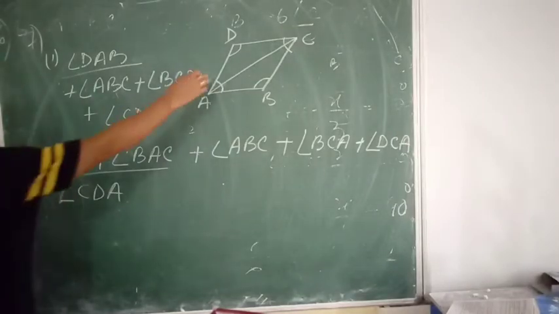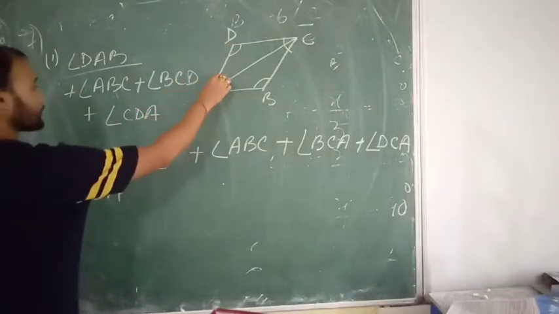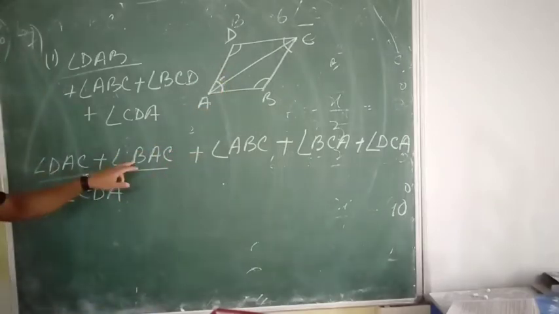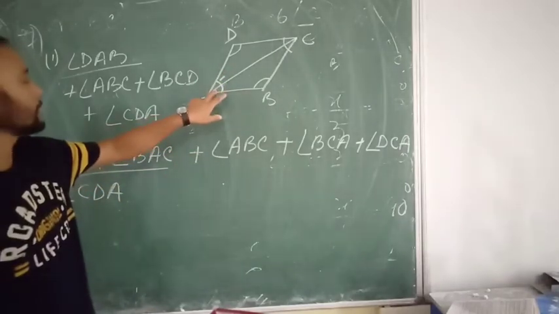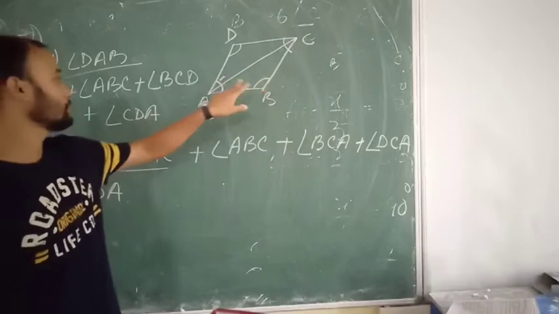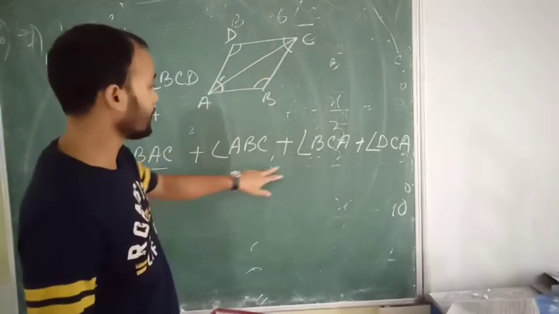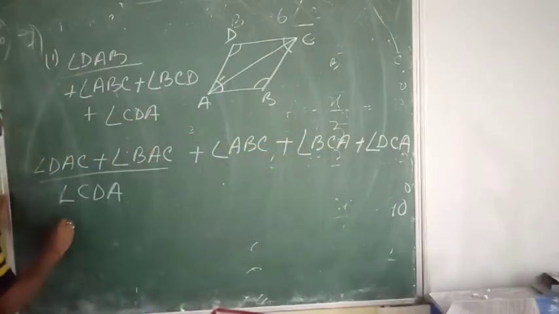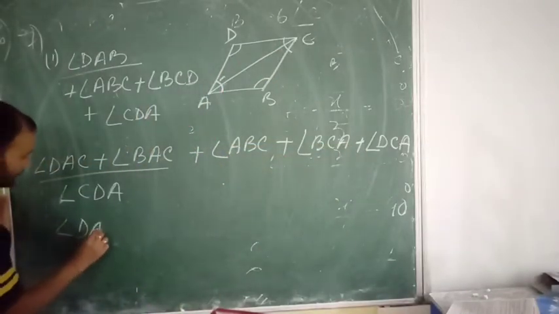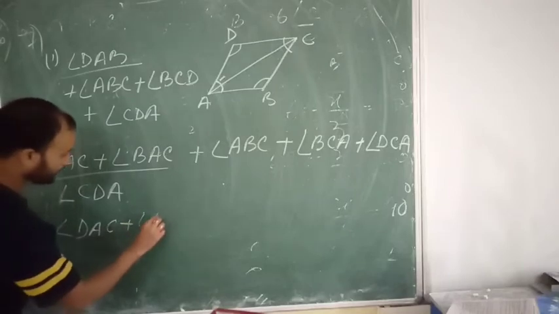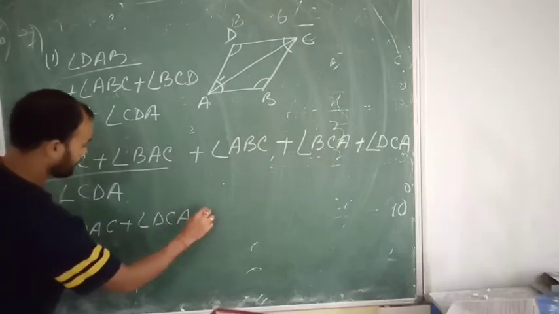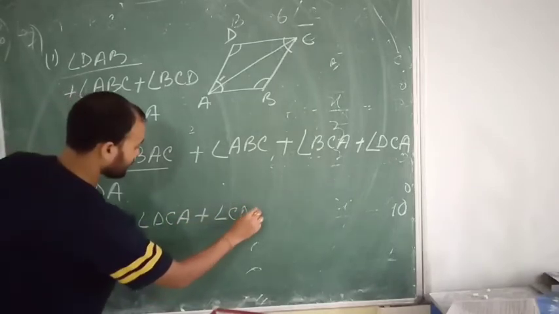Find DAC. Yes, this is DAC. BAC is another, this is another triangle. Try to find this. DCA is there. Yes, DCA is there. I am adding this angle DAC plus angle DCA plus angle CDA.